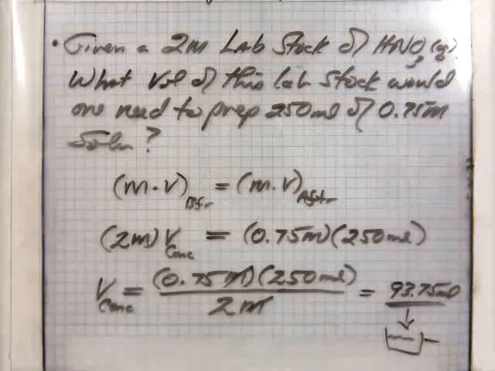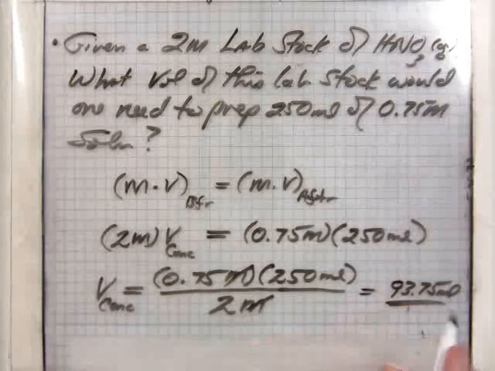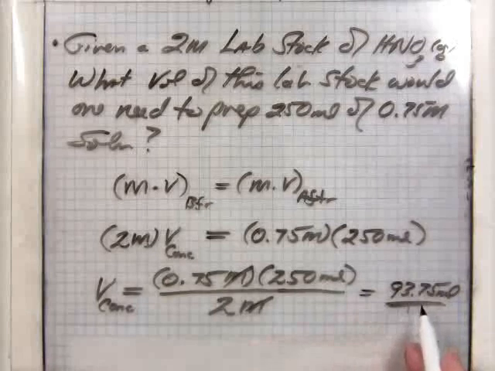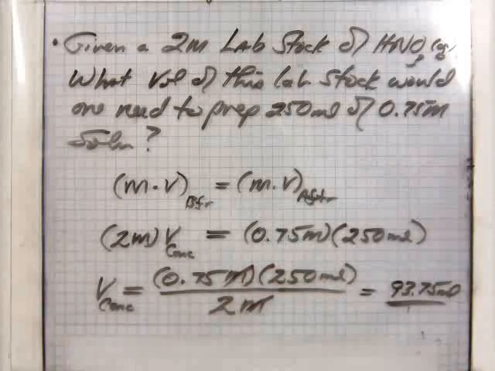But you'll have problems that will ask you, what volume of water must you add to reach this dilution? Well, you're starting with 93.75 milliliters, and you have to go to 250 milliliters. How much water do you pour on top of it to reach that 250 marker?